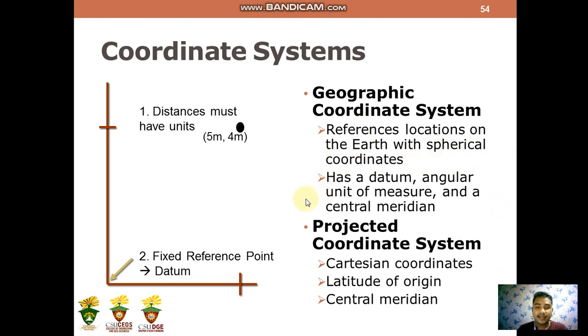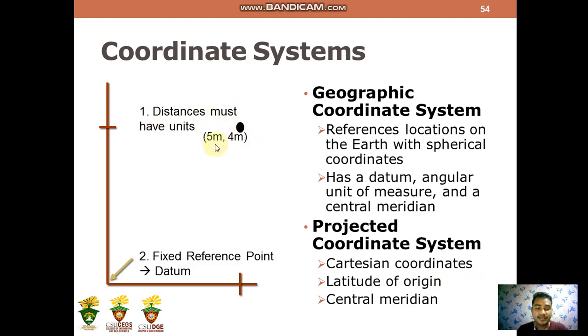If you see coordinates in latitude and longitude, it is geographic, and it has a datum, an angular unit of measure, and a central meridian, which serves as the basis for projecting. For a projected coordinate system, the coordinates are Cartesian, called northings and eastings.